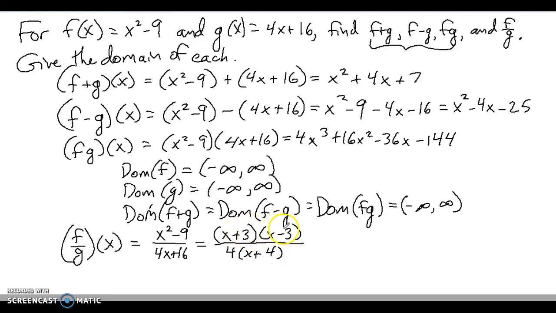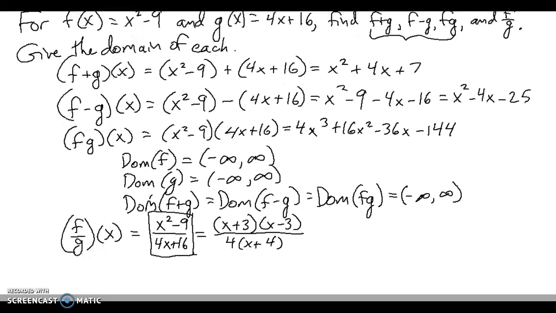So we have x plus 3 times x minus 3 over 4 times x plus 4. We have no common factors, so we can't simplify this. So this is f divided by g.